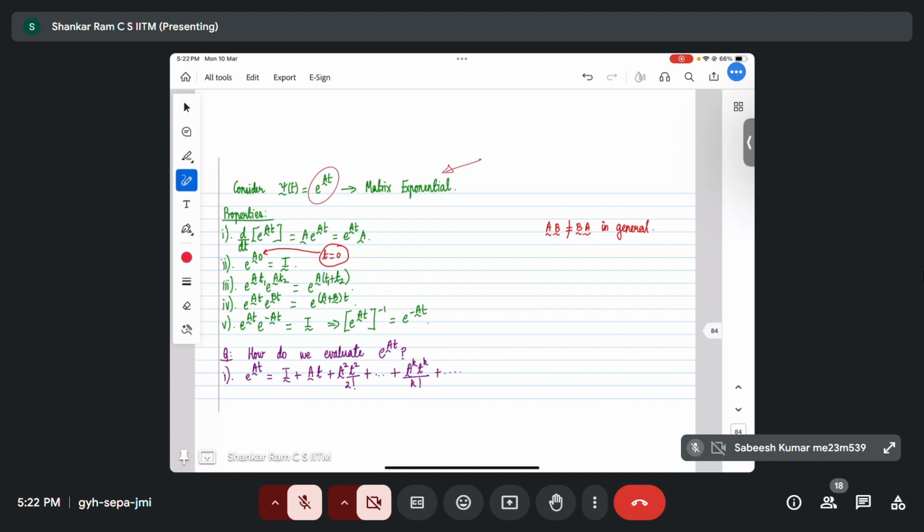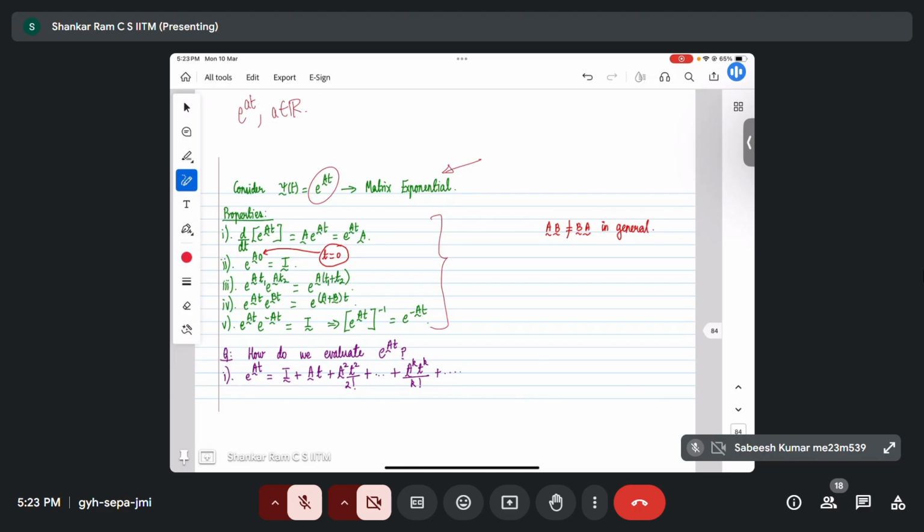So what is this matrix exponential? We would have learned some properties of exponentials. All of us are familiar with exponential functions till now. We would have encountered the term e power at, where a was a real number, when we studied transfer functions and getting solutions of ODEs.